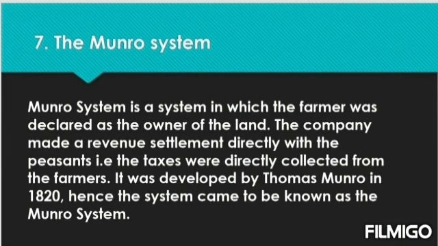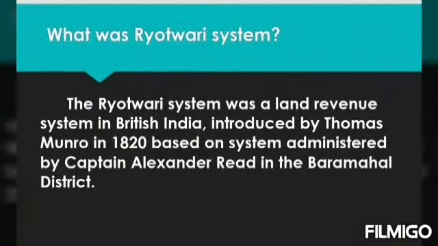The next one is, what was a Ryotwari system? The Ryotwari system was a land revenue system in British India, introduced by Thomas Munro. In this system, the peasants or cultivators were regarded as the owners of the land. The taxes were directly collected by the government from the peasants.